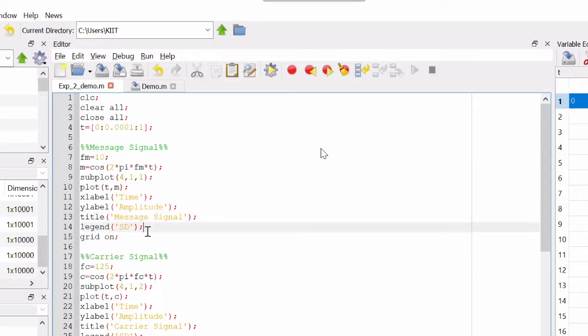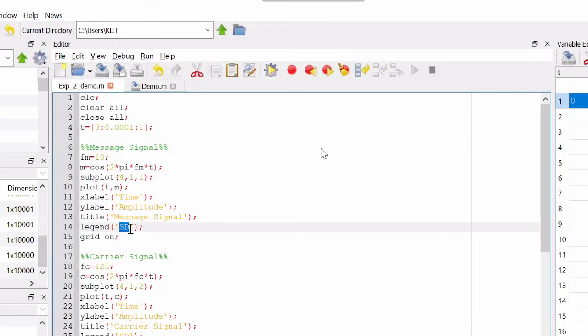I want all of you to look at this one, legend. Now we are going to include the legend. Legend is going to be one important factor through which we, that means me and madam, are going to identify whether you have done this program on your own or not. This is going to be one of the markers, so you are going to create a legend for all your graphs. In the legend, here I have written SD, the initials of my name.